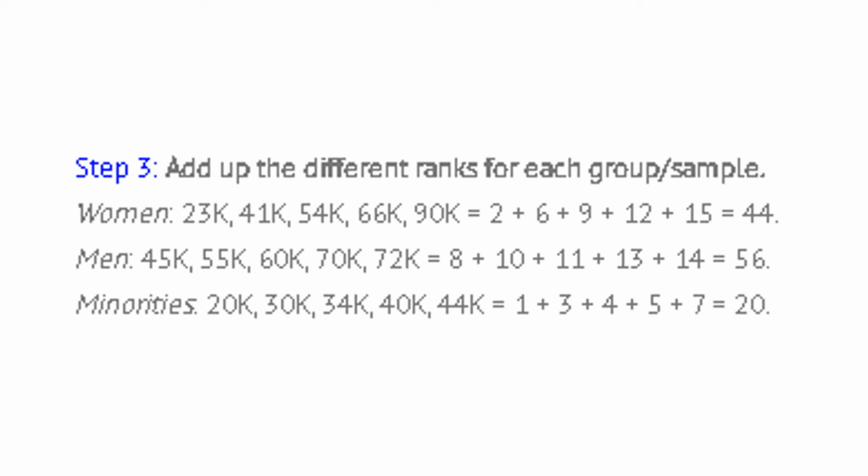So please add up all the ranks for men. Then you add up all the ranks for minorities also. For women the total rank is 44. For men the total rank is 56. For minorities the total rank is 20. Understand?